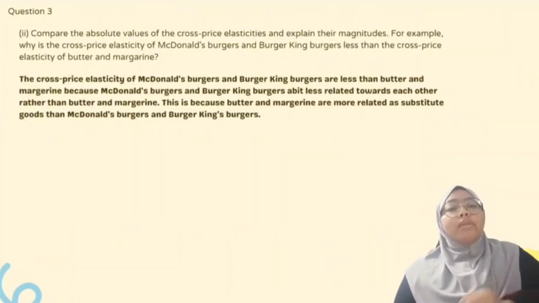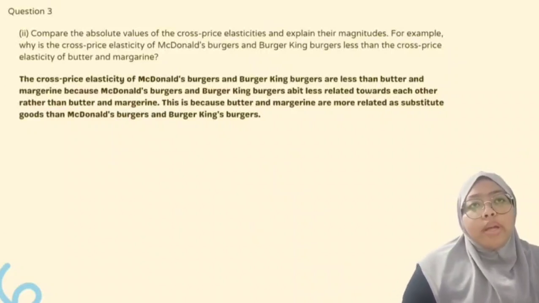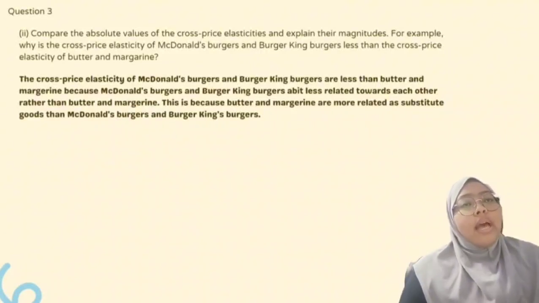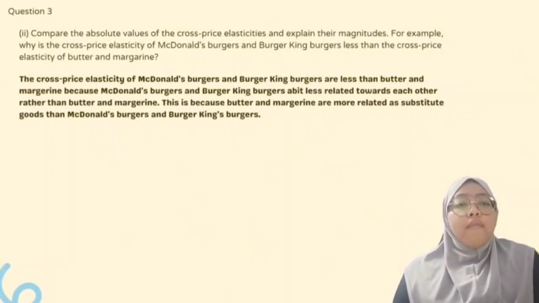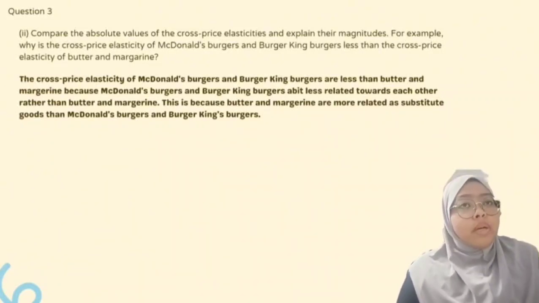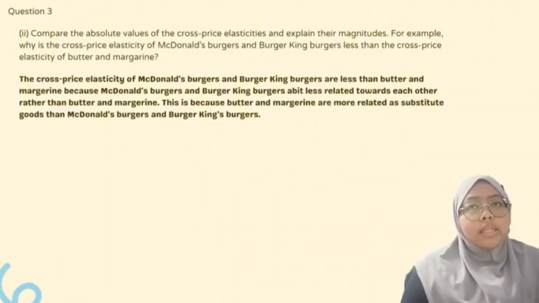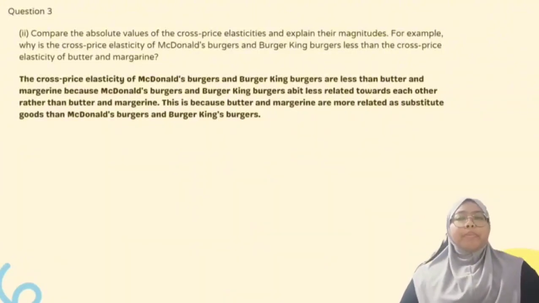Next, for question number 2, compare the absolute values of the cross price elasticities and explain their magnitudes. For example, why is the cross price elasticity of McDonald's burgers and Burger King burgers less than the cross price elasticity of butter and margarine?